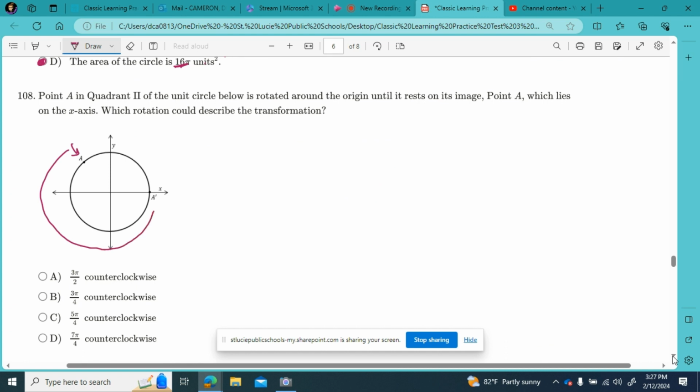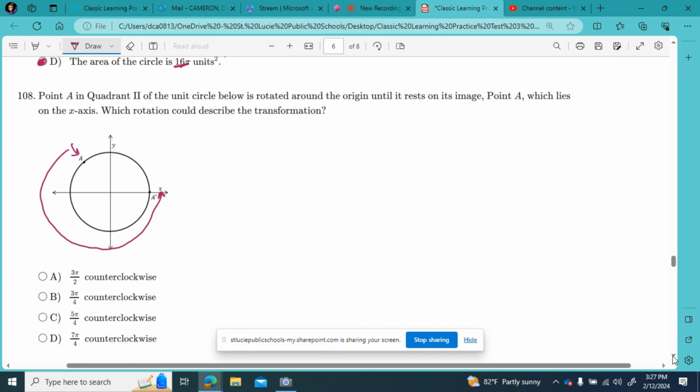All of our answer choices say counterclockwise until we get to here, which lies on the x-axis. Yes. Which rotation could describe the transformation? So we went 90 degrees, 90 degrees, and like 45 degrees.